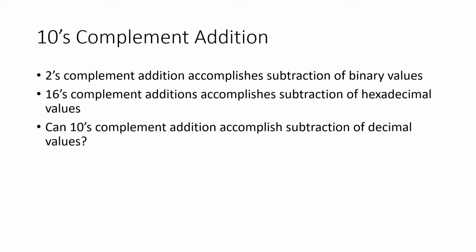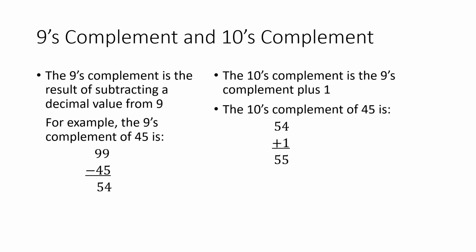So I sat down and did some ciphering, and I came up with definitions for the 9's complement and 10's complement of decimal numbers. If I subtract a bit from 1, I get the 1's complement. If I subtract a byte from F, I get the 15's complement. So if I subtract a decimal number from 9, I should end up with the 9's complement.